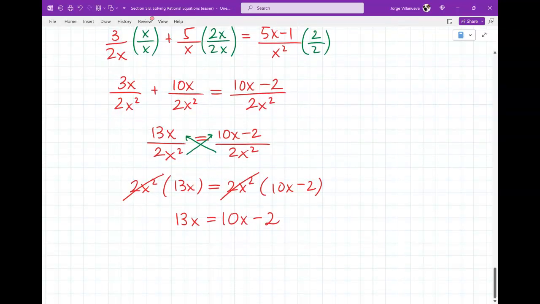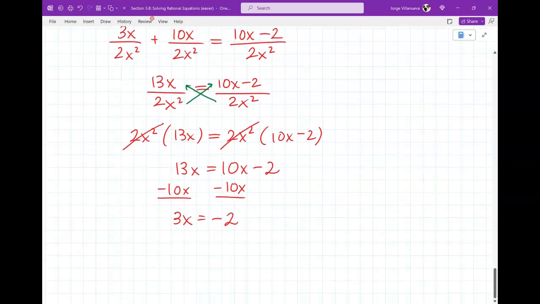I'll subtract 10x from both sides. And that gives me 3x equals negative 2. Last step here. If I divide both sides by 3, I get my final answer of negative 2/3.